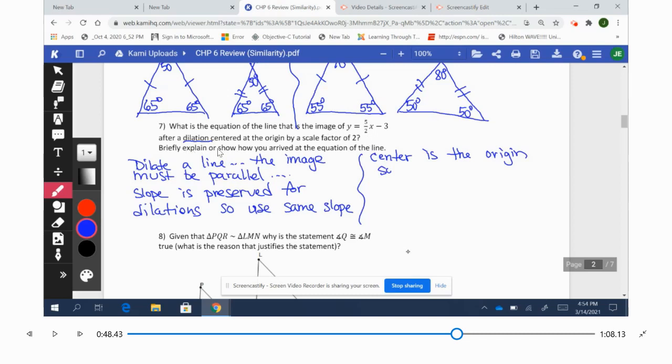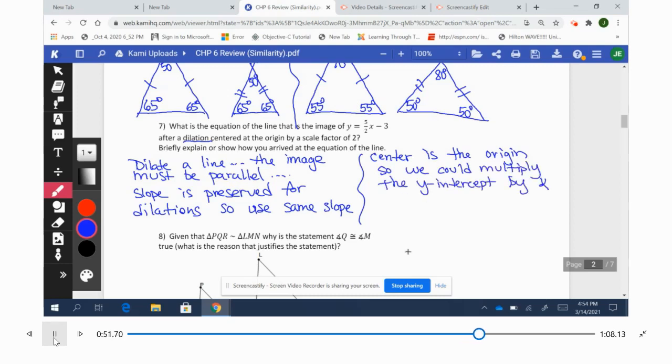What we're working on now is how we're going to get a point that's on the new line. So all we're going to do, because the center of dilation is the origin, in that case we can just multiply the y-intercept, in this case -3, by the scale factor k, which is 2.